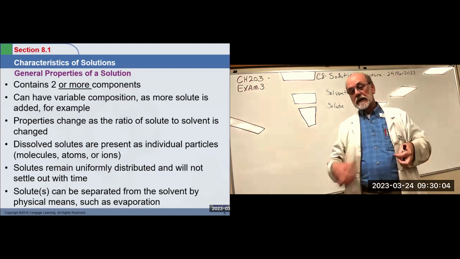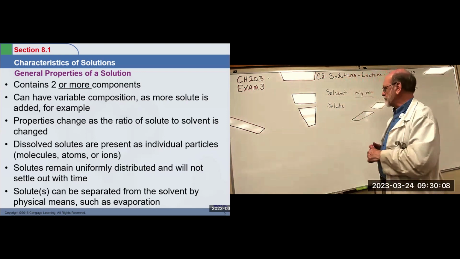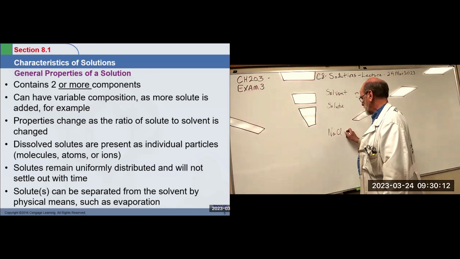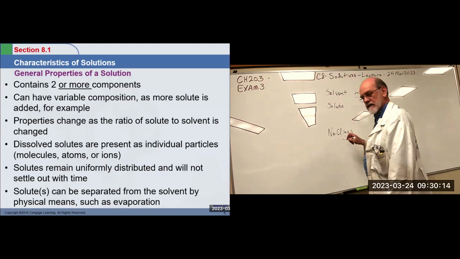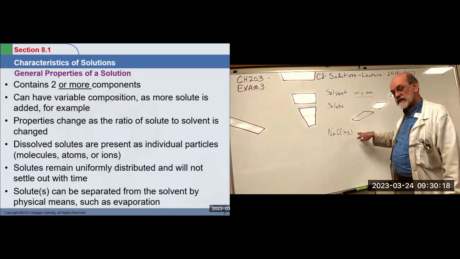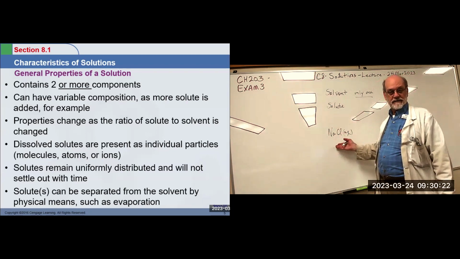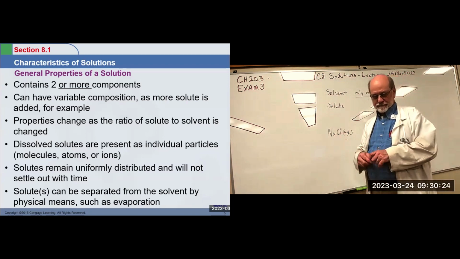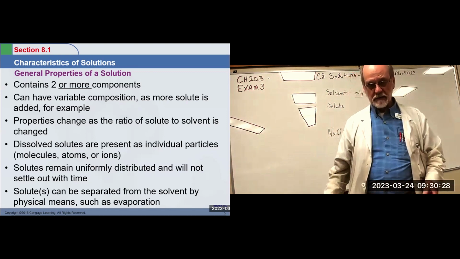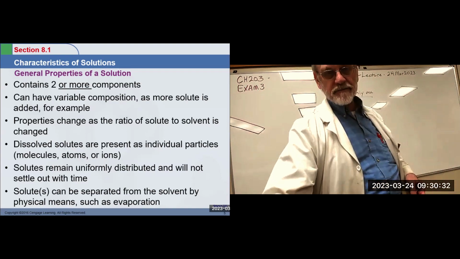Right? Example, if you put sodium chloride in water, we call that an aqueous solution. All you have to do is evaporate the water and you get your sodium chloride back. That's a physical process that will retrieve components of the solution.